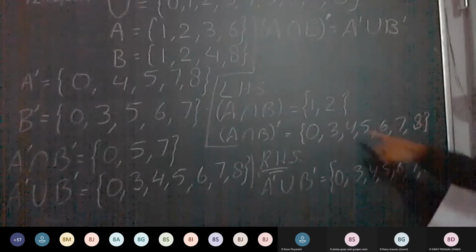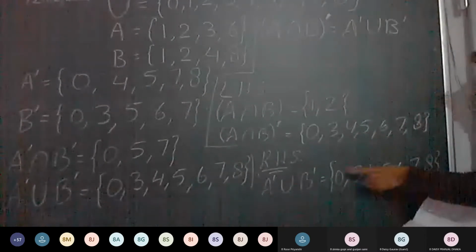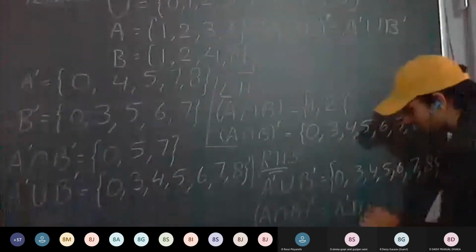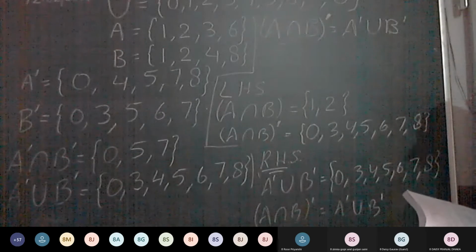Understood this one? Now we can see left hand side is the same as right hand side. Same set we are getting. Therefore, it is verified: A intersection B, the whole dash equal to A dash union B dash. This is clear.